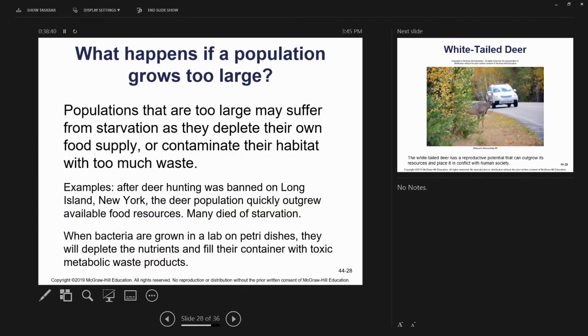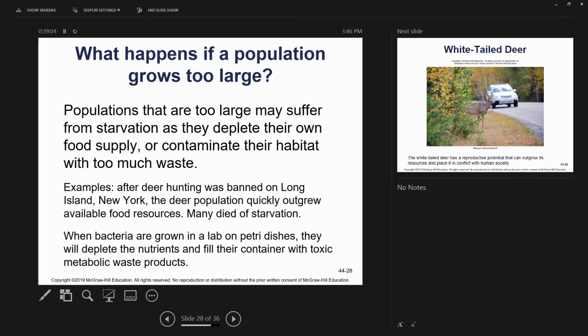So with either strategy, we can have a population that grows too large. We can exceed that carrying capacity more likely in certain circumstances than others. So if we remove limiting factors, some external limiting factors like predators, I disrupt that balance of carrying capacity.